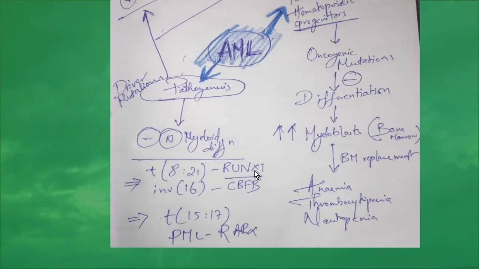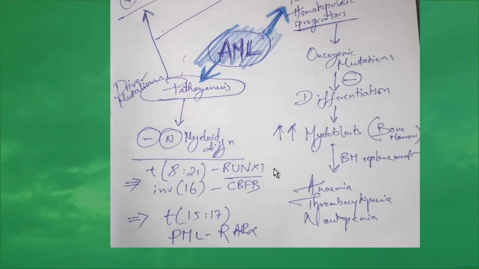Here RUNX1 is required for differentiation of WBCs. RUNX1 binds with CBFB and forms certain proteins which are required for myeloid differentiation. But when there is a translocation of 8;21, this RUNX1 forms a chimeric protein.